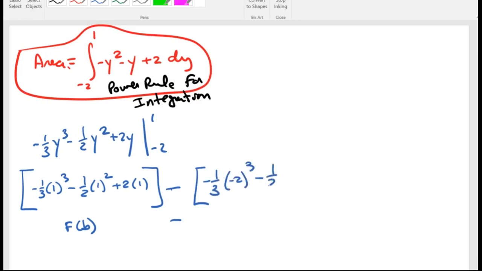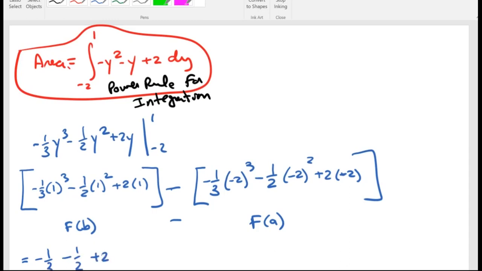You should notice that in my videos, I am constantly using brackets and parentheses to keep my F of b and my F of a separate and organized. That's where many of the mistakes originate. Again, I kept my entire F of b in its brackets. I still have to simplify.